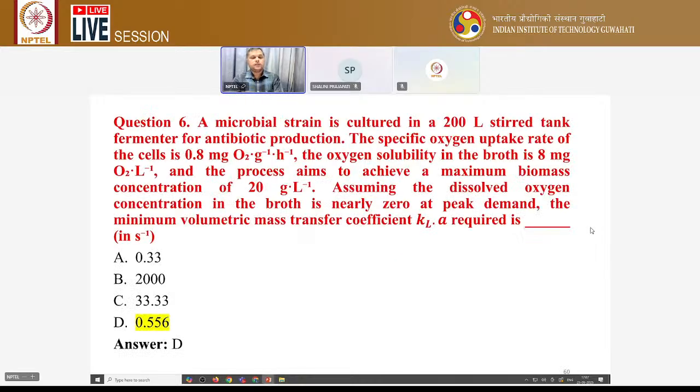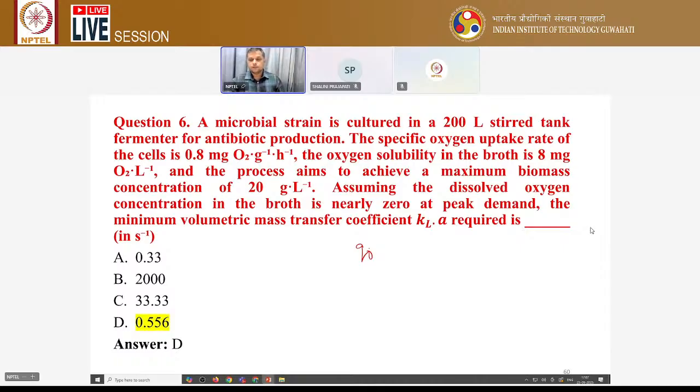Next question is, a microbial strain is cultured in a 200-liter steel tank bioreactor for antibiotic production. The specific oxygen uptake rate Q0 is given to you.